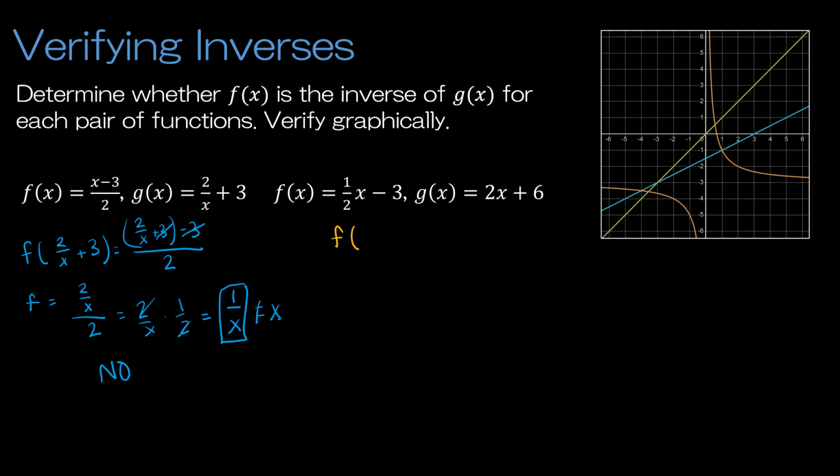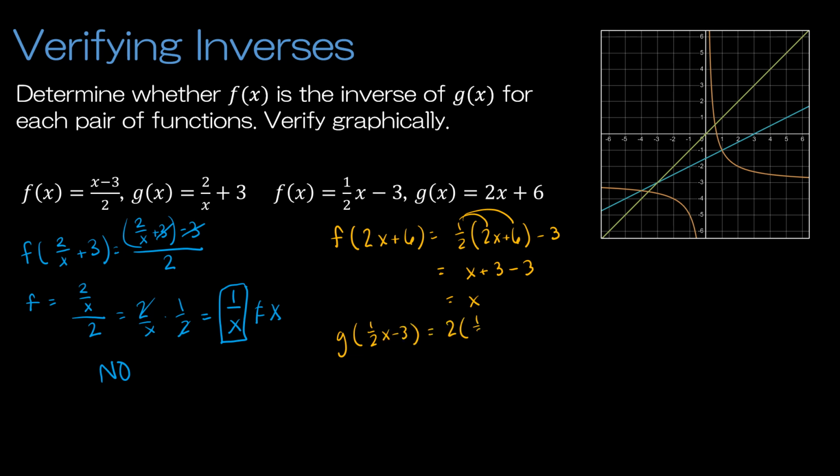f of g of x, so f of 2x plus 6 is going to give me 1/2 of 2x plus 6 minus 3. That gives me x plus 3 minus 3 by distributing the 1/2, which gives me x. And of course I can also check it in reverse, so g of (1/2 x minus 3) would be 2 times (1/2 x minus 3) plus 6.